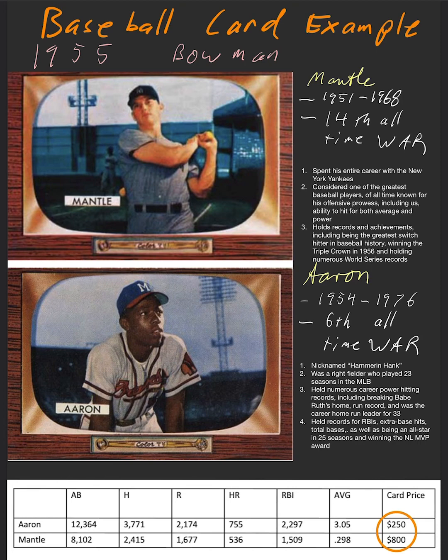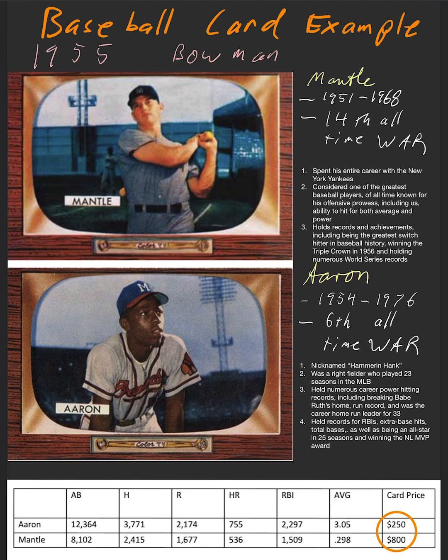A similar career during the similar time was Henry "Hank" Aaron. He played from 1954 to 1976, mostly for the Milwaukee and Atlanta Braves. He's 6th all-time in wins above replacement, so arguably the 6th best player of all time. He was nicknamed Hammer and Hank and was a right fielder who played 23 seasons in the MLB.